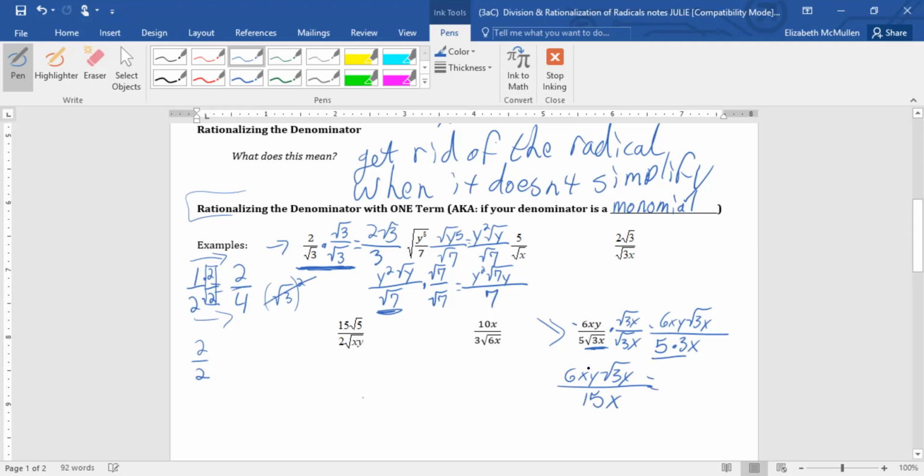And if we're paying attention, I've got an x outside here and an x outside here that can cancel. So let's fix this. So I now have, oh, also 3's, right? 3 goes into 6 twice, 3 goes into 15 5 times. So I now have 2/5 y radical 3x over 5. So 2y radical 3x over 5 is my simplest form.